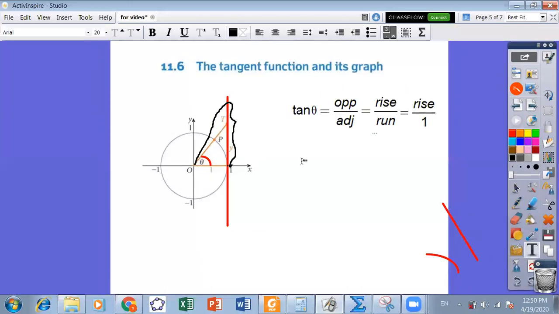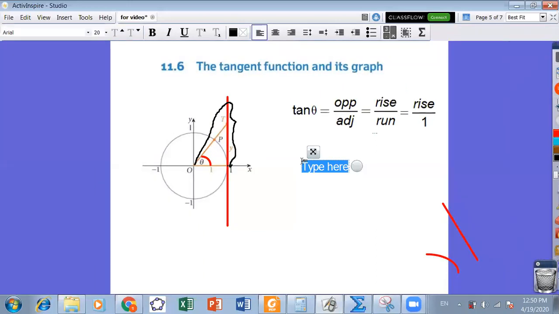We can say that as the angle gets bigger, the length of the tangent line gets longer. For that reason, if I ask you to find, for example, tangent 90, you can say that it's infinite. We cannot find it because the line at 90 degrees and the tangent line don't intersect each other, and that's undefined.